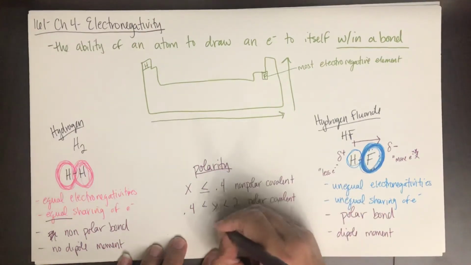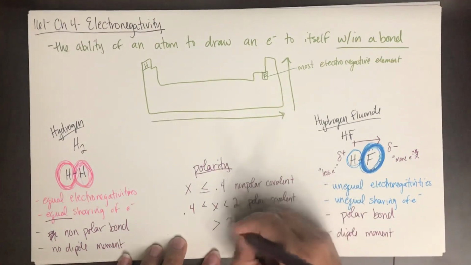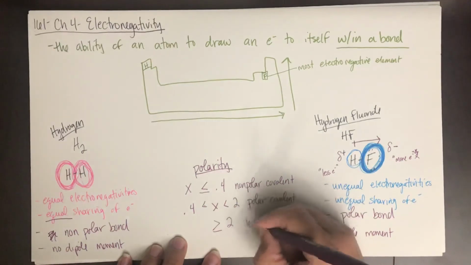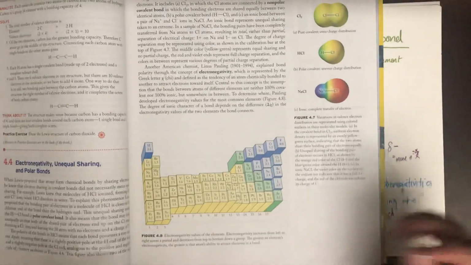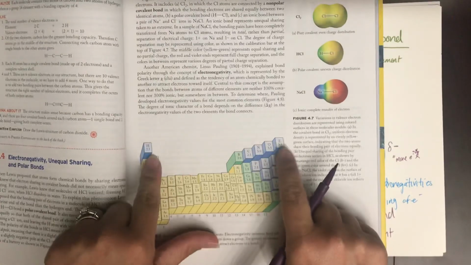And if it is greater than 2, then it's ionic. Again, you would use the values in the table on page 153 to determine if something is polar or not.